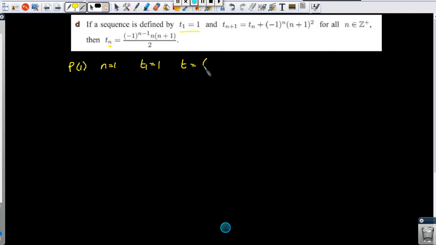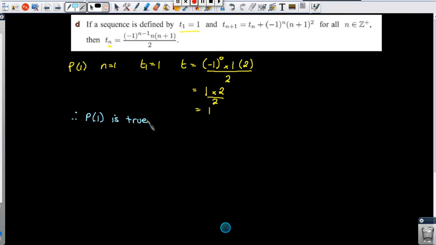And we go 1 minus 1 is 0, times 1 times 2 all over 2. Anything to the power of 0 is 1. 1 times 2 is 2. 2 divided by 2 is 1. Therefore, P of 1 is true.